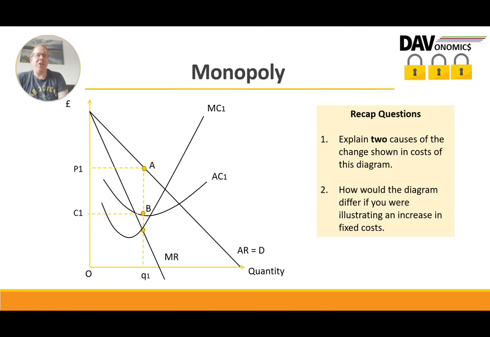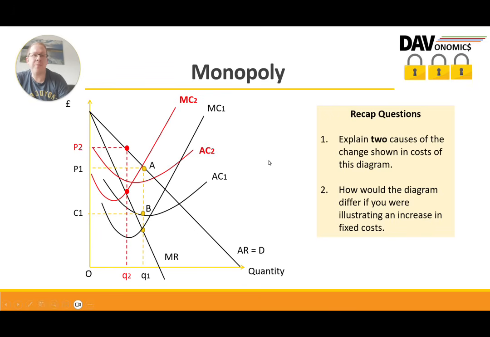So the really useful ones that you can use, especially in your synoptic essays, is what happens if something changes. So in this example, that's just your normal profit diagram. But if variable cost changed, then you'd have a new marginal cost. And the red line shows you where you now profit maximise here. Find the price.